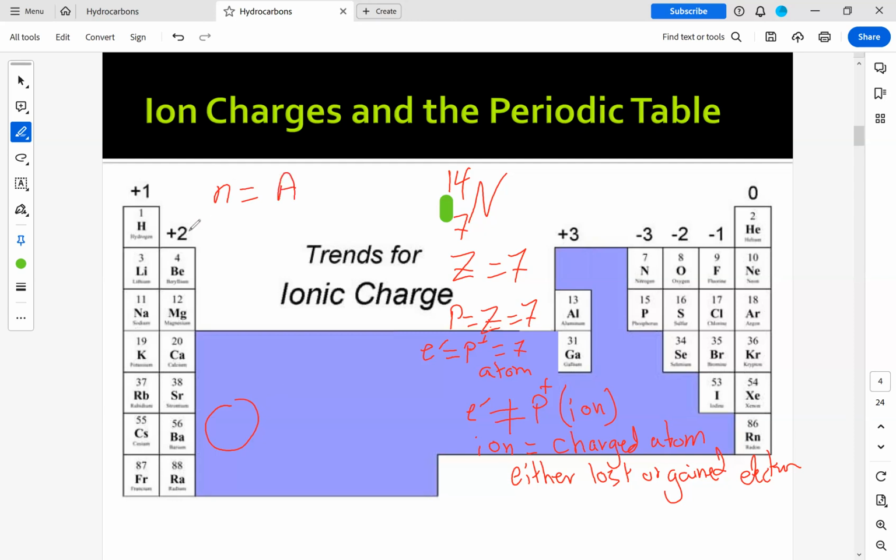It's mass number minus atomic number, which means 14 minus 7 equals 7. Yeah, A minus Z. Because we know that this is X with A and this is Z. And here I have to put the neutrons. I have 7 neutrons.